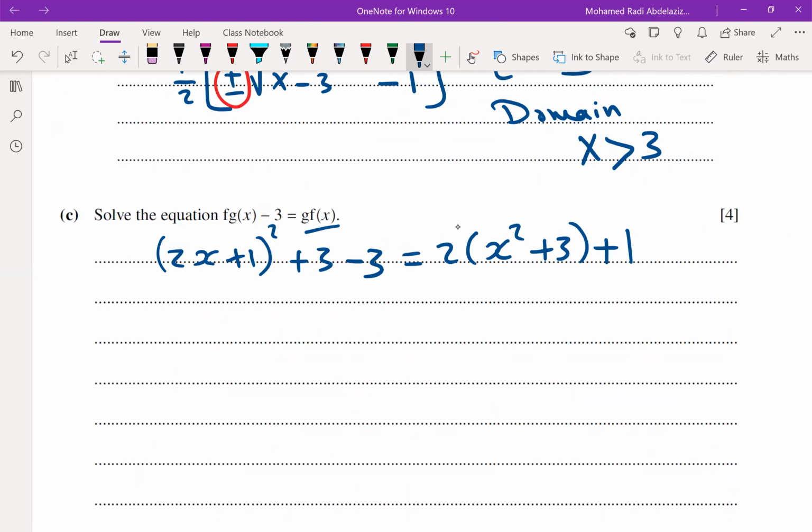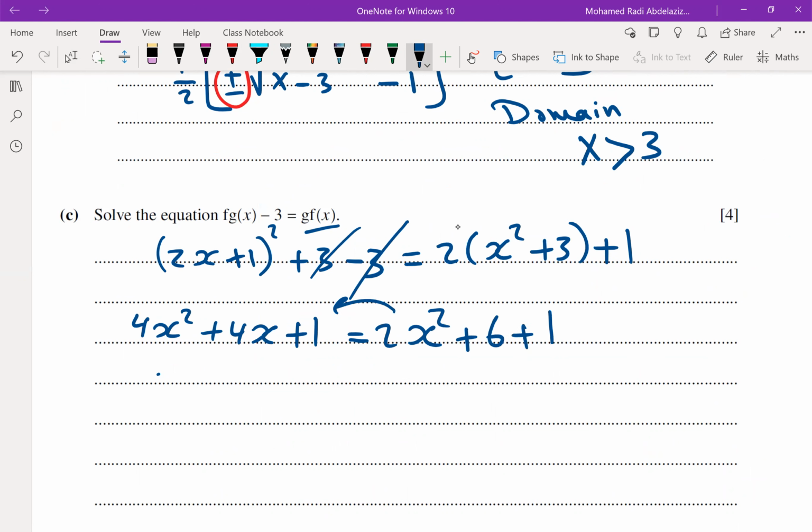Expand, simplify, get a quadratic equation, solve it. 4x squared plus 4x plus 1, plus 3 minus 3, is equal to 2x squared plus 6 plus 1. Move to the other side: 4x squared minus 2x squared is 2x squared, plus 4x minus 6 is equal to 0.